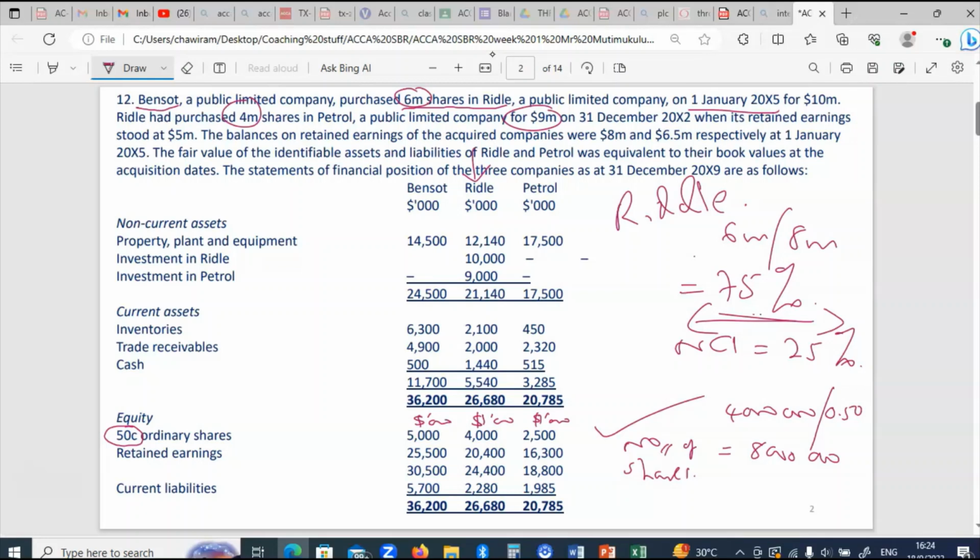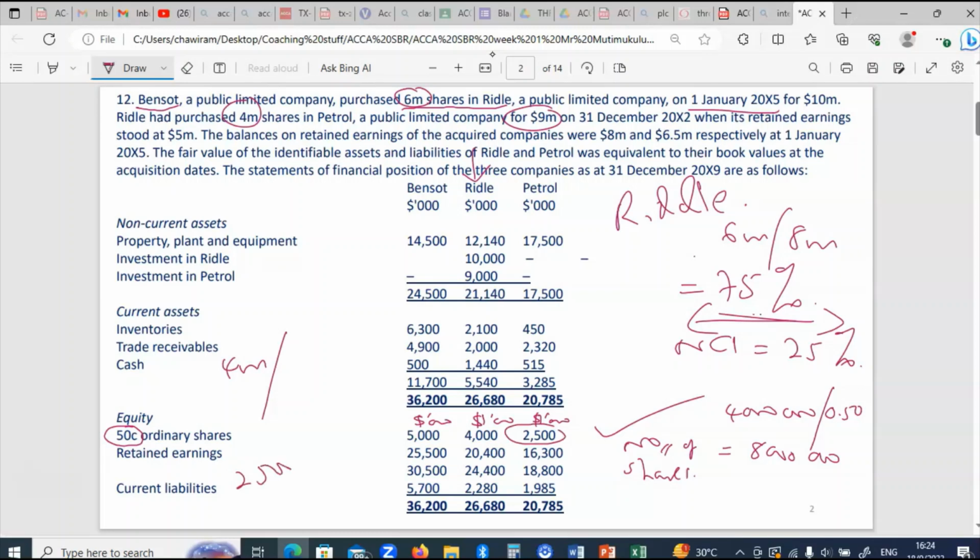So what was the percentage acquisition? Here we are saying 4 million divided by the number of shares. The examiner is very specific: we bought 4 million out of how many shares? Divided by the number of shares in this particular company. So we do the same. We are told that the shares were worth 2,500.